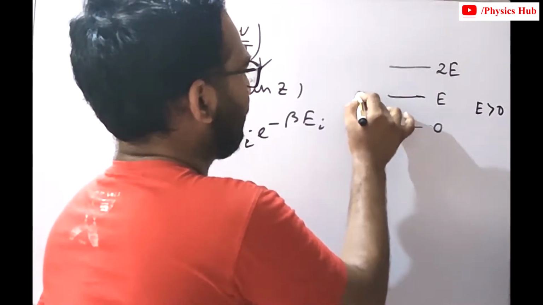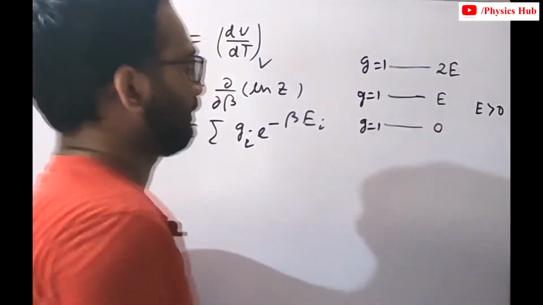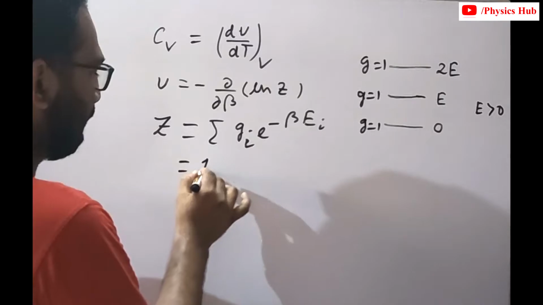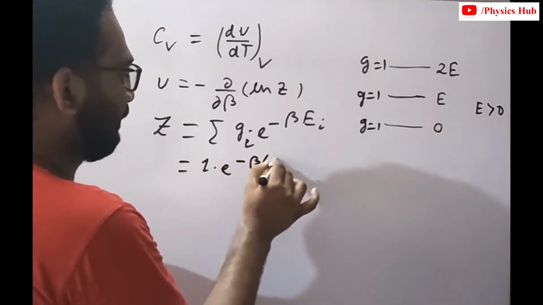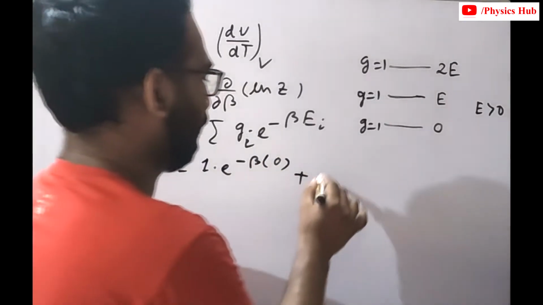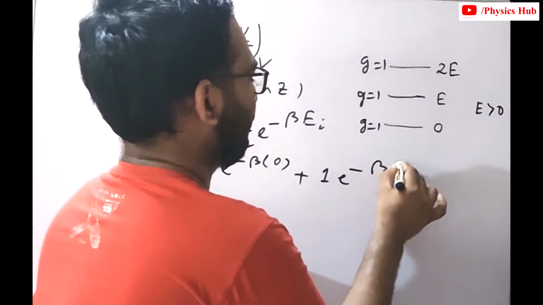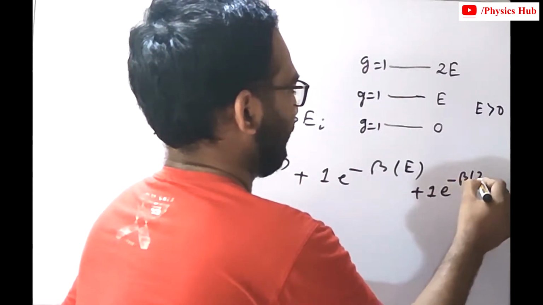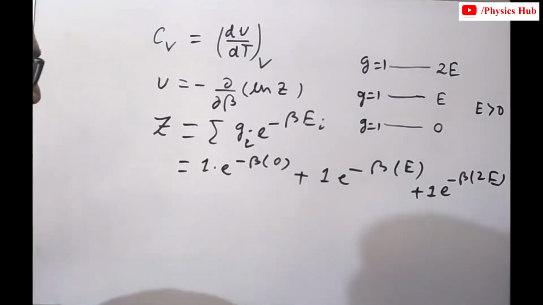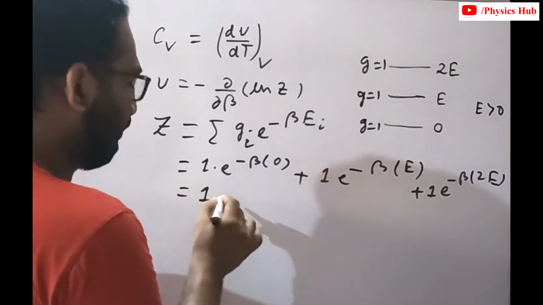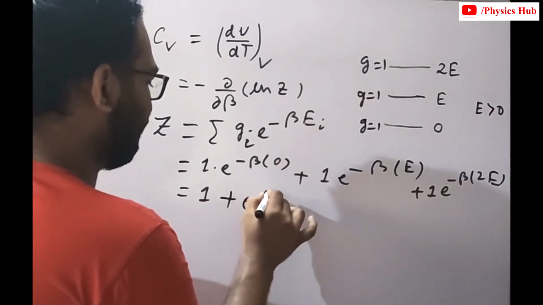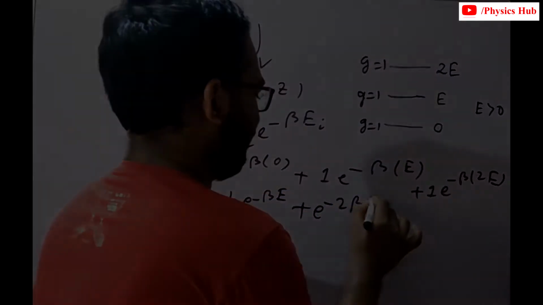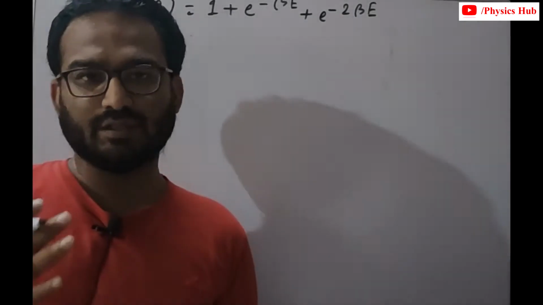So 1 into e to the power minus beta into 0, plus 1 into e to the power minus beta into E, plus 1 into e to the power minus beta into 2E. In this way the partition function will be 1 plus e to the power minus beta E plus e to the power minus twice beta E. The calculation till now was very simple.